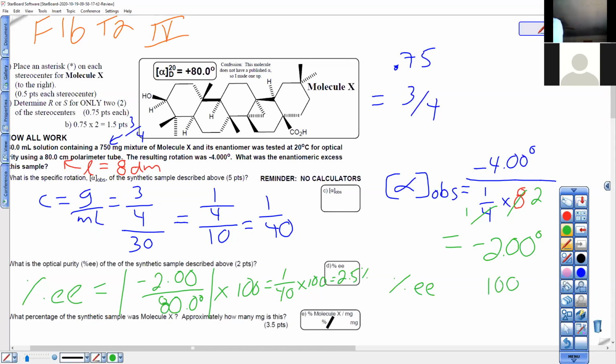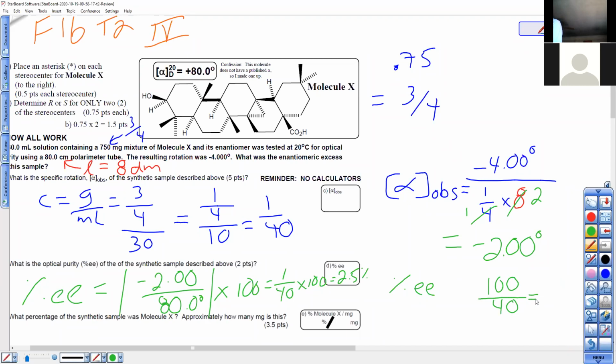Divide both by 10. What do you got? I got 10. 100 over 40? No. Is that right? Yeah. Divide both by 10. You got 10 over 4. Divide both by 5. You got, no, that's just, well, by 2. You got 5 over 2. That's 2.5.